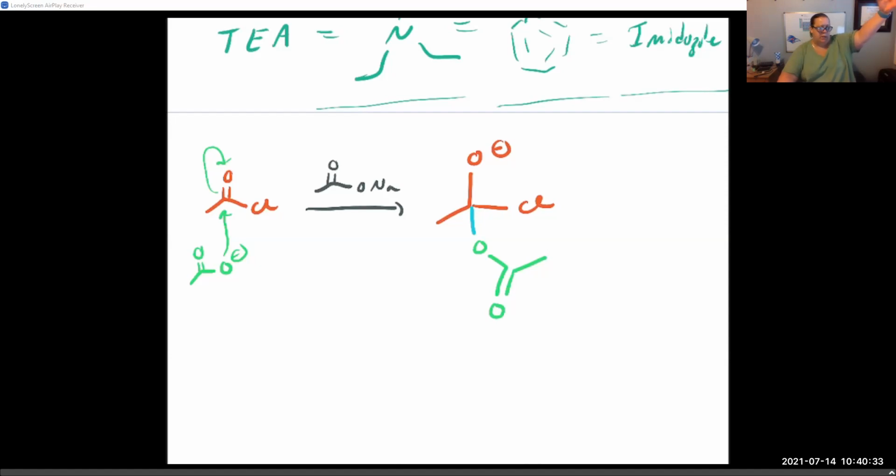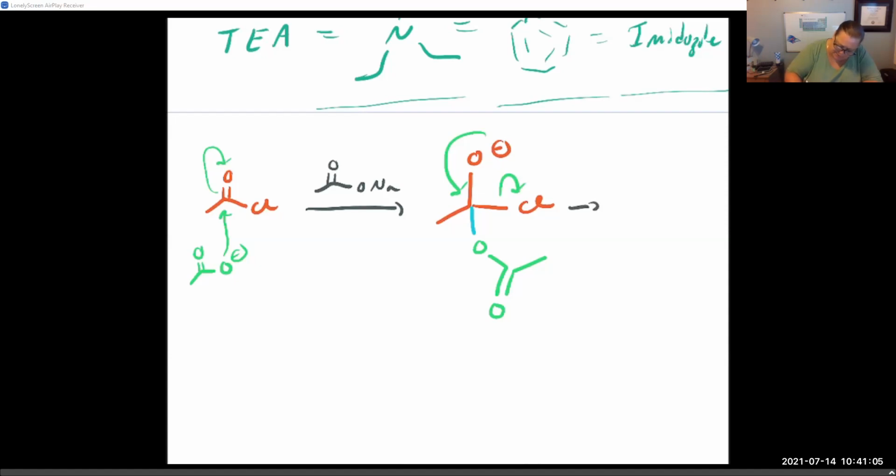And what's the next step? And consequently, the driving force of this chemical reaction. What is the next step in the driving force of this reaction? There you go. Reformation of the carbon oxygen bond, chloride leaves, and voila.